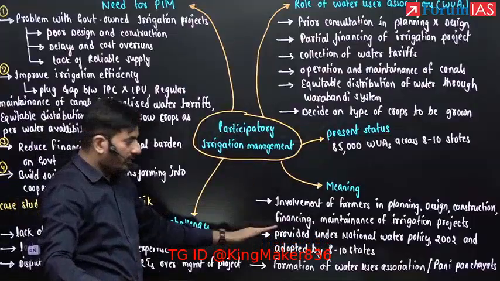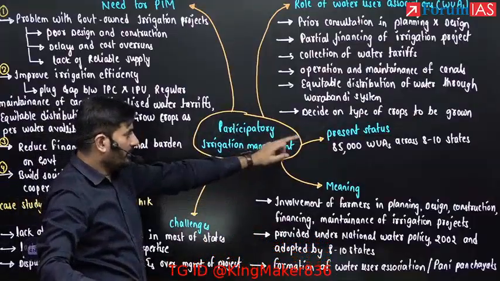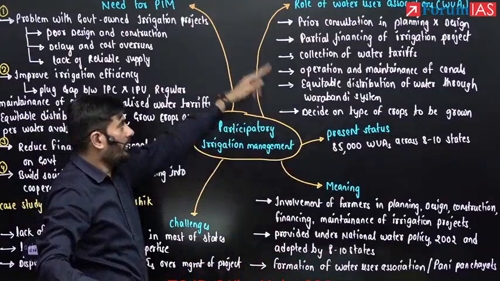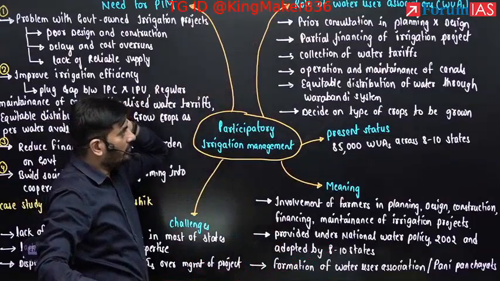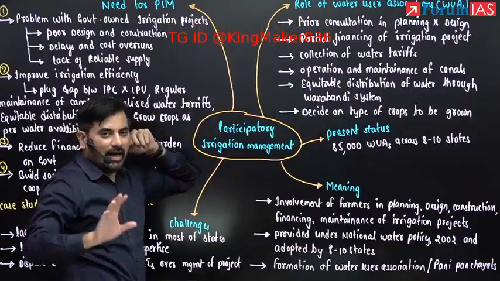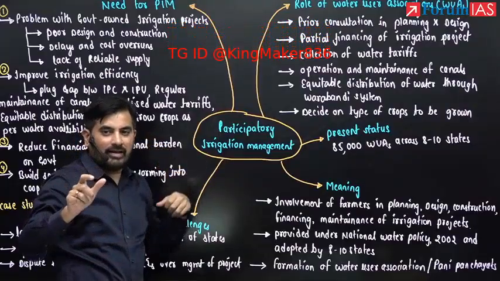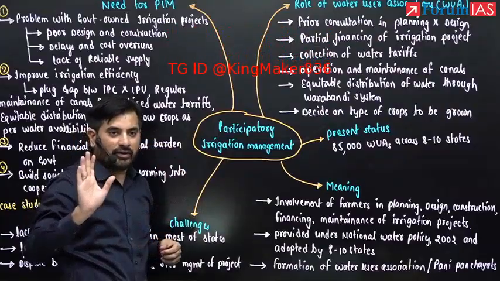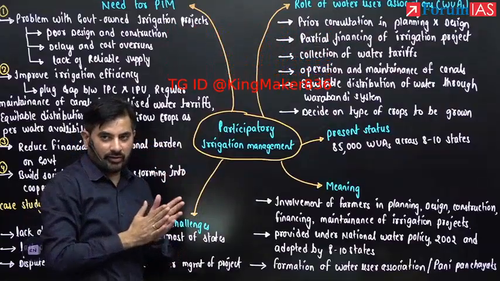What is the meaning here? What is the present status? And what are water user associations? You must have heard about RWAs in Delhi, Resident Welfare Associations. What do Resident Welfare Associations do?